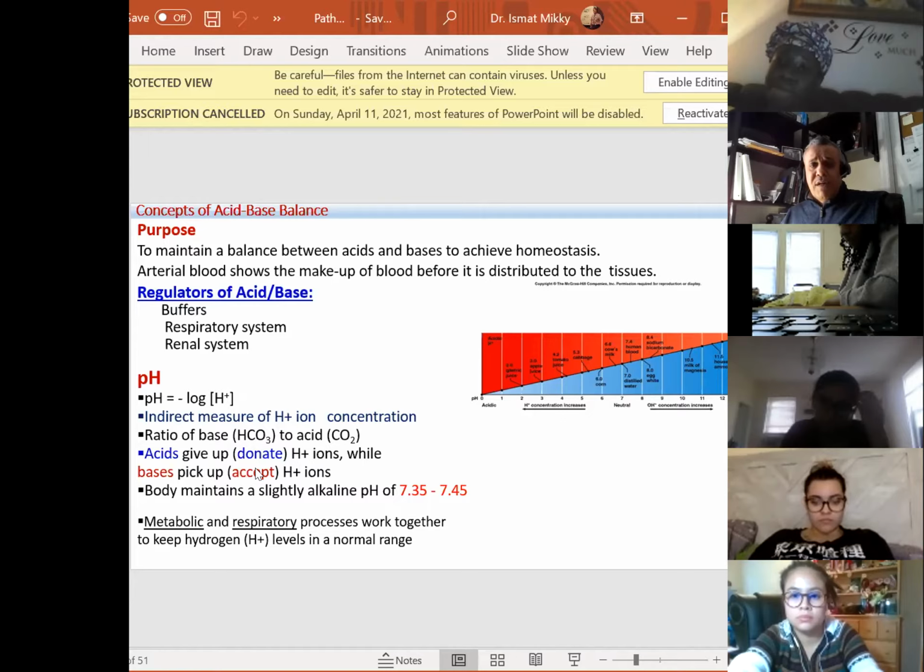So actually there are four components in addition to the bicarb, but we don't focus much on the oxygen at this point in patho. We'll just focus on the three main components: the pH, the PaCO2, and the bicarb.